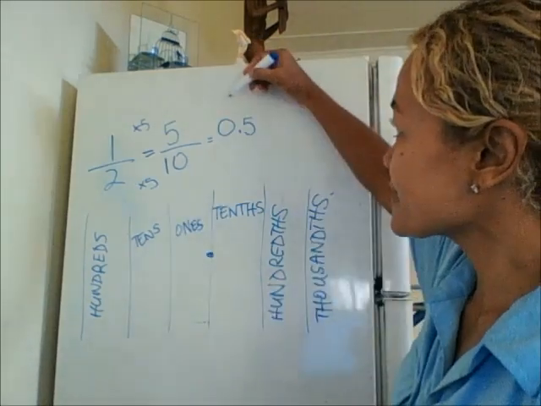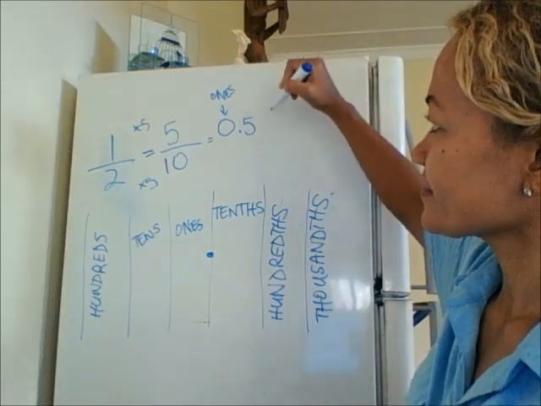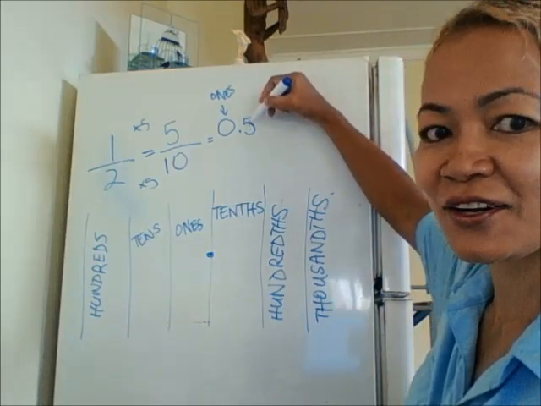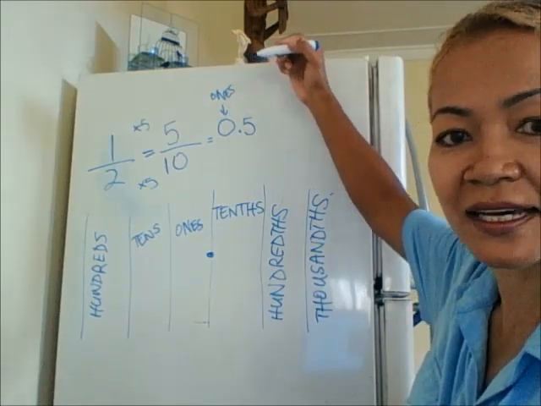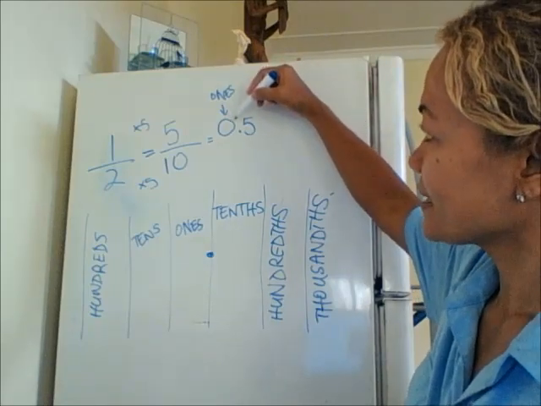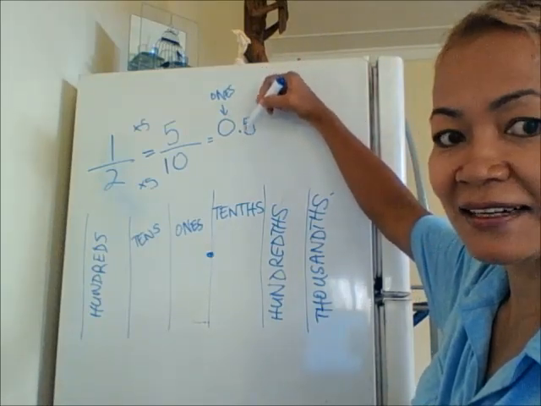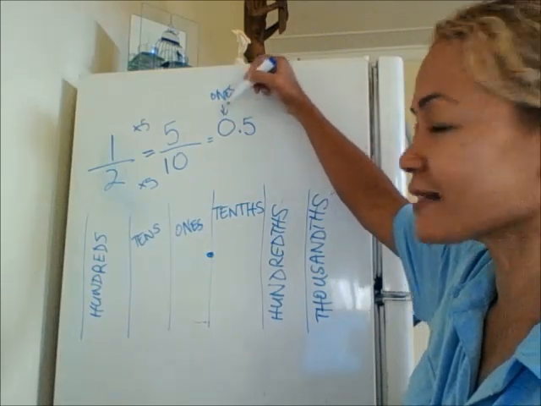Okay, so this is the ones column. You need to get 10 in this column before it's carried forward to the next column, just like you've done before in your addition and your subtraction, right? So it must hit 10 here before this becomes 0 and the next column up becomes 1.